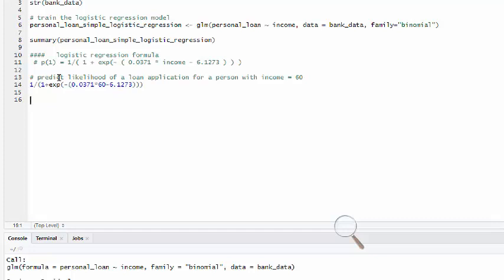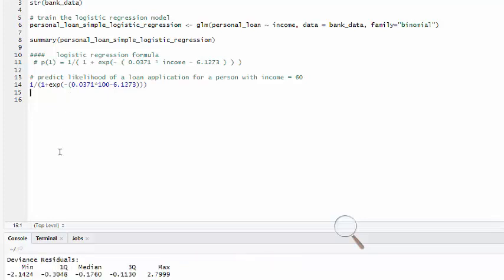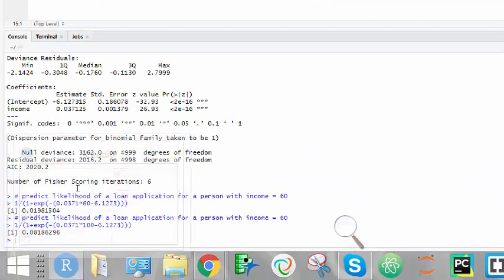And I can change that now. What happens if, instead of 60, there is a customer with 100,000? Are they more likely or less likely? Well, let's see. 100,000. I rerun this formula, and what does it say? 0.08. Is the probability going up or down? It's going up.